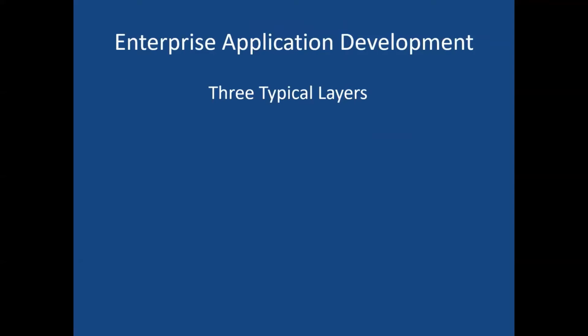So we know that enterprise application development follows a multi-tier architecture. What are those typical layers of multi-tier architecture? There is the data layer, then there is the business layer and the web layer.